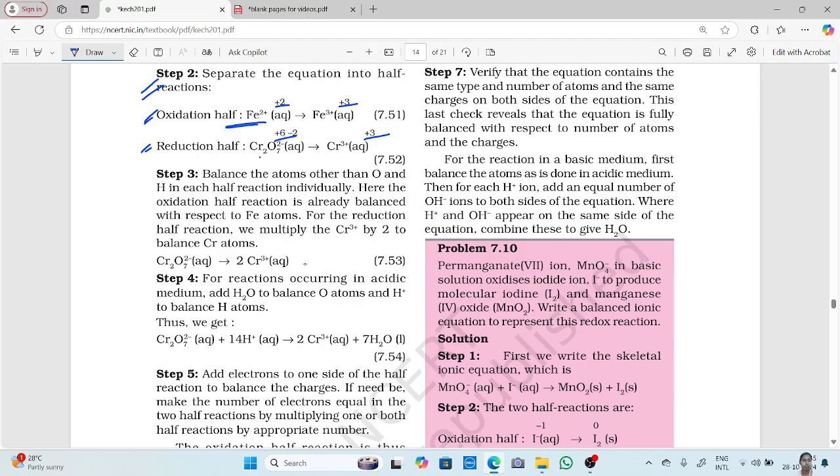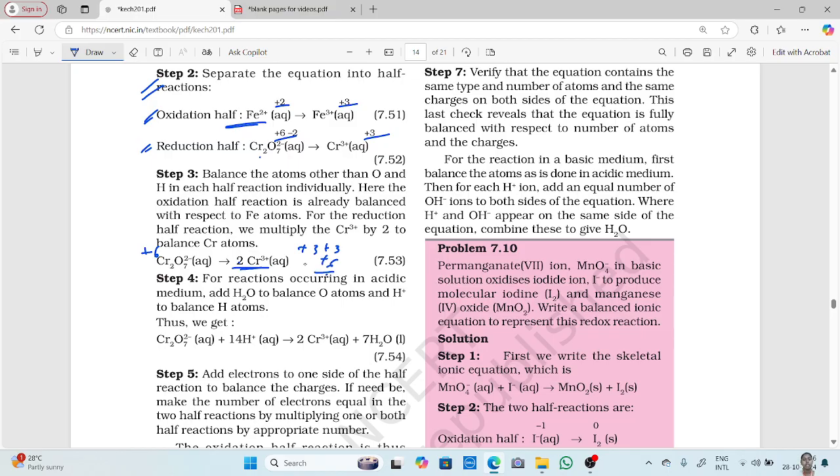Here the oxidation half reaction is already balanced with respect to Fe ions. For the reduction half reaction we multiply chromium by 2 to balance the chromium atoms. Now Fe is balanced. For chromium we balance by multiplying by 2 on the right hand side because this is +6, right? If I multiply by 2, +3 plus 3, you get +6.